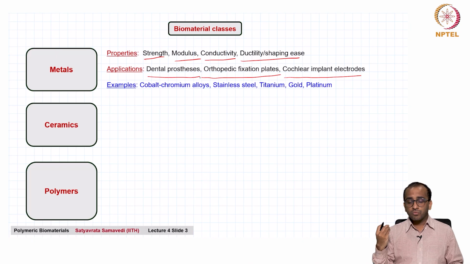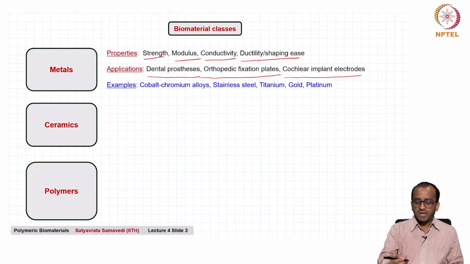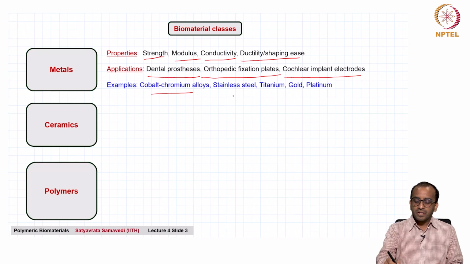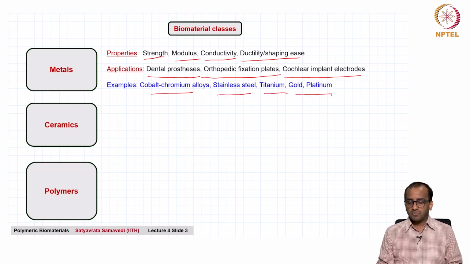You can now have a screw that sits inside. This could be a titanium screw, for example. Some examples of metals that are commonly used are cobalt chromium, for example in prosthesis, stainless steel, titanium, and gold and platinum. These are more commonly used in applications that require conductivity.